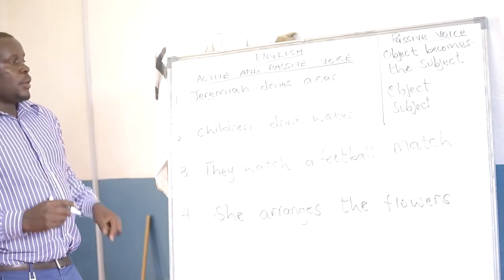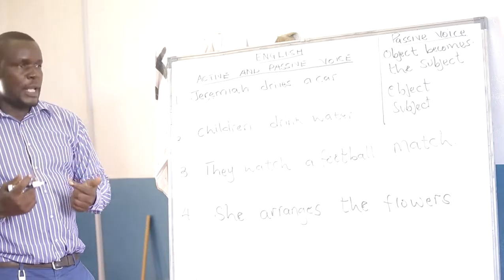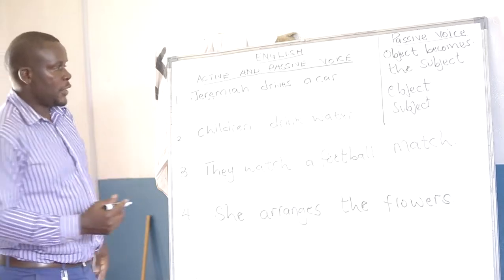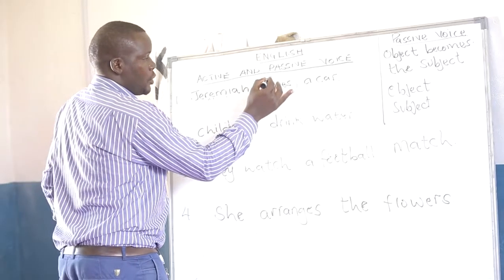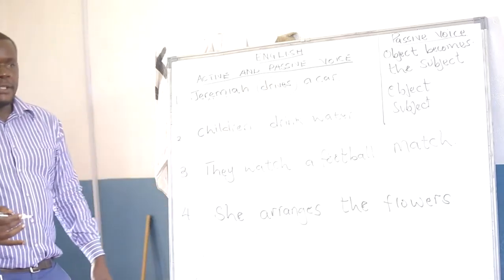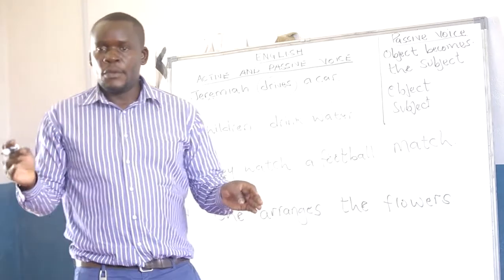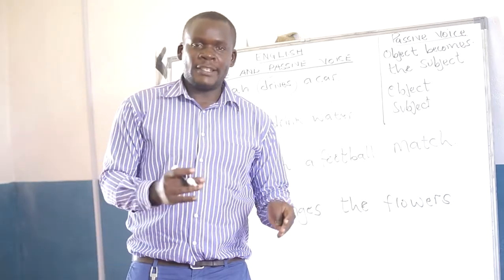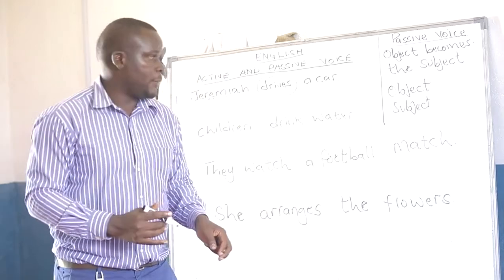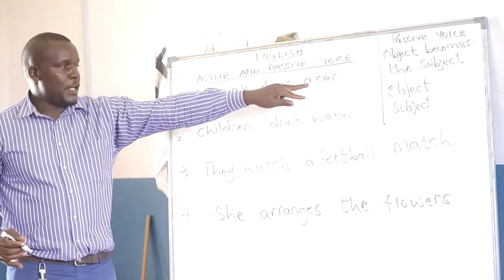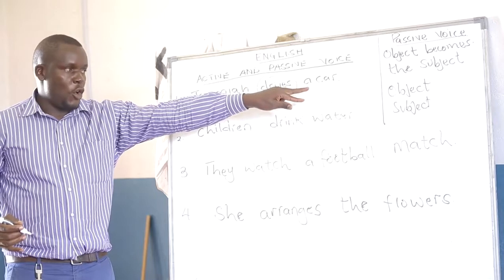So you will also come to realize that when we are changing it, our verb, which is drives, will also have to change based on the tense that sentence is in. So we have to start with the object.